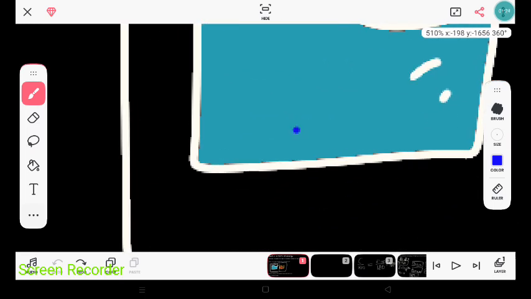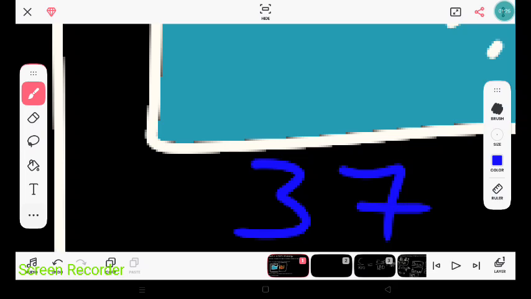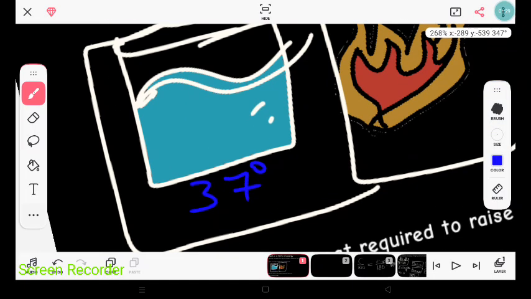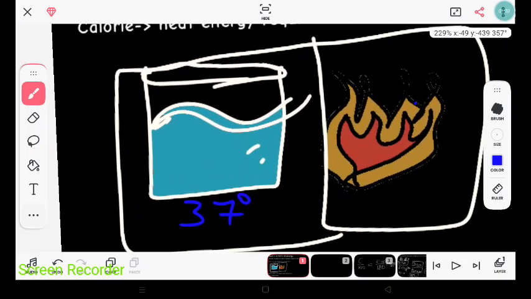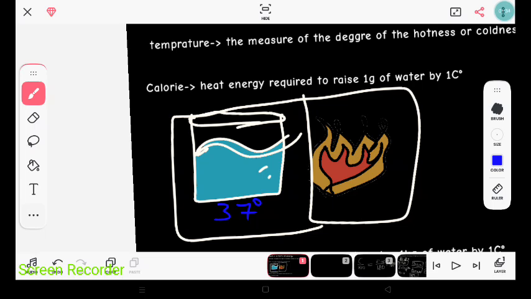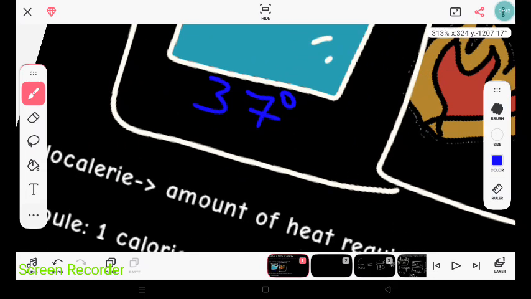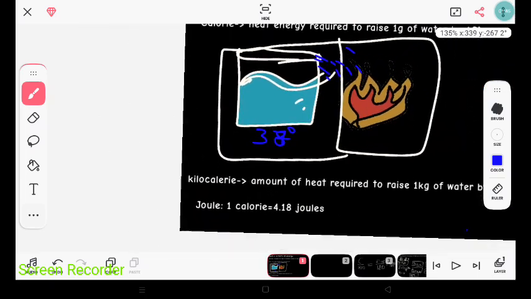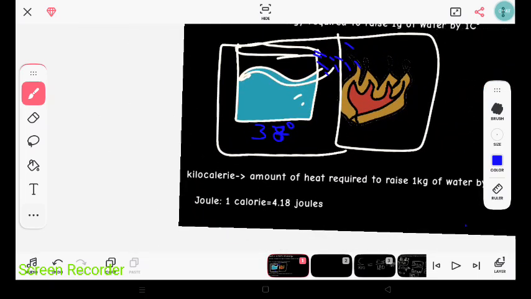For example, let's pretend this water is 37 Celsius. How much heat does this fire need to give the water for it to become 38 Celsius? That is calorie, and kilocalorie is the same. Now joule: 1 calorie is 4.18 joules.